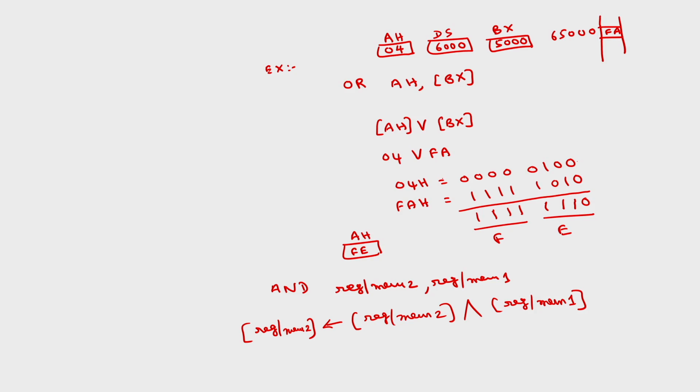Similarly, we have the exclusive OR operation also, XOR. Symbol for this one is XOR. Same thing, register 2/memory 2, comma register 1/memory 1. So, the same operation; both cannot be memories here also. In all the instructions, both cannot be memories simultaneously.